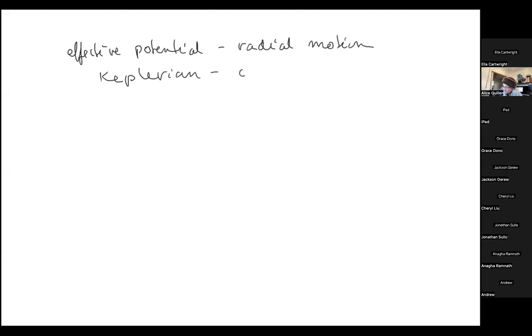And we showed that if you took the two-dimensional problem and only thought about the radial motion, there's this effective potential. This is for radial motion in a Keplerian orbit around a mass m. The effective potential depended upon the orbital angular momentum, and it looked like this.